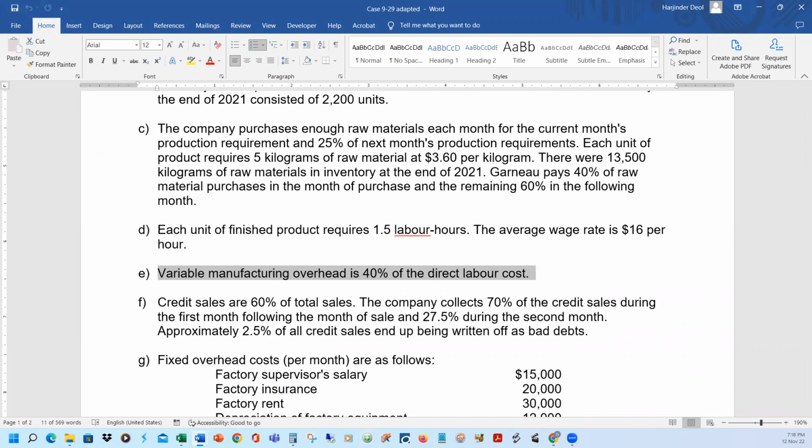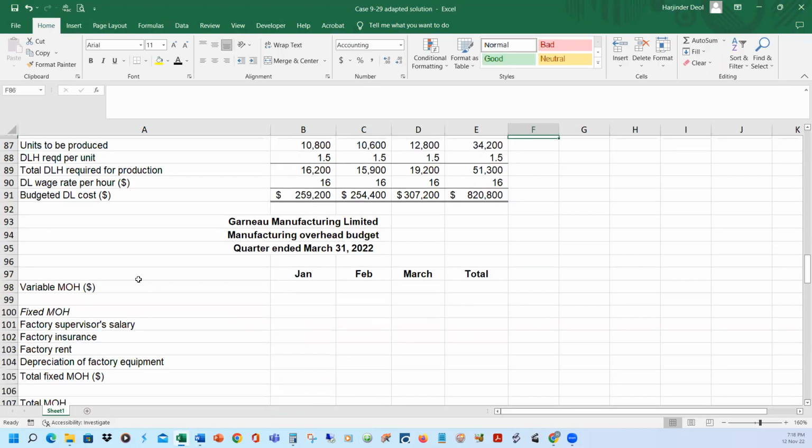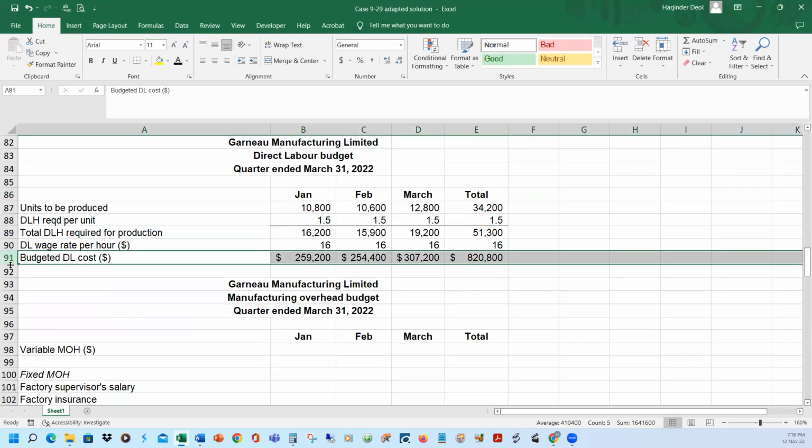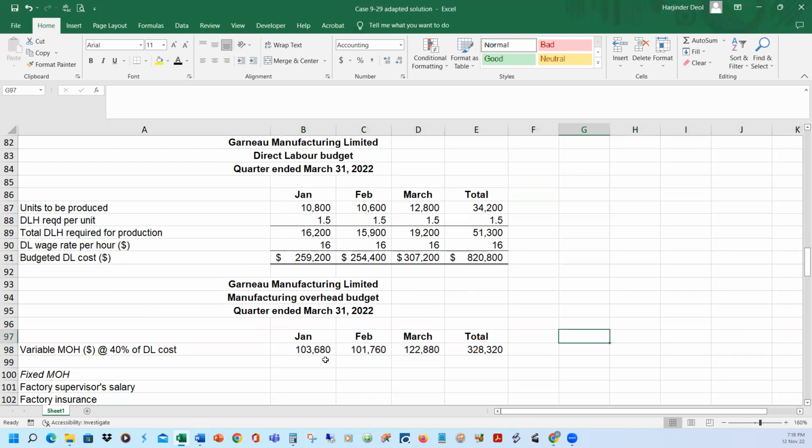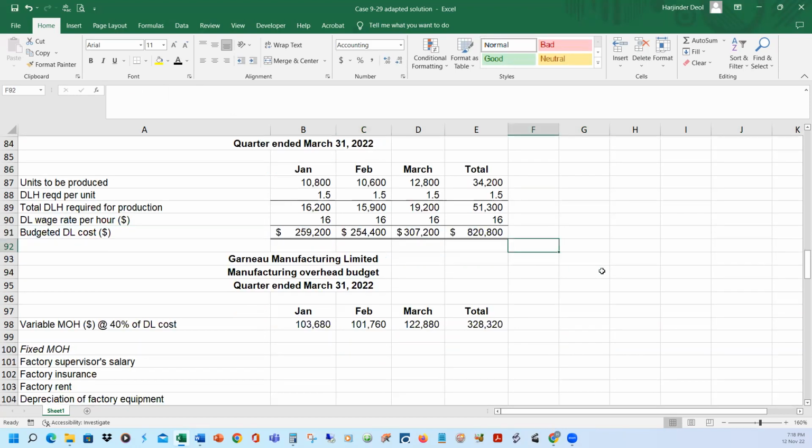So if that's the case, and we've just finished calculating the wage costs, we can multiply these dollar amounts by 40% to get the variable portion of the manufacturing overhead. So in the month of January, the variable manufacturing overhead is 40% of the direct labor cost for January. In the month of February, it's 40% of February direct labor cost, and so on.